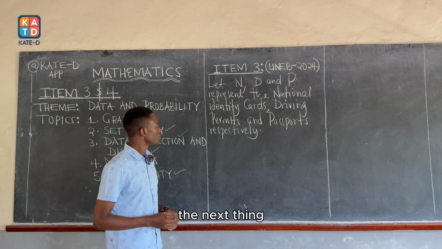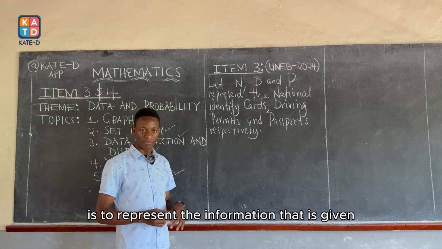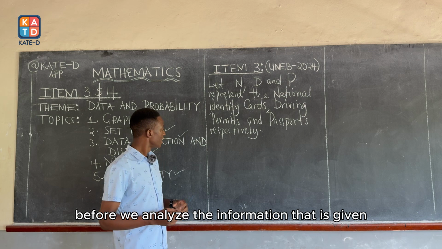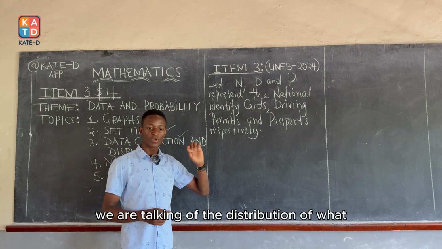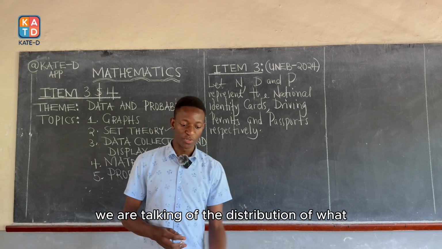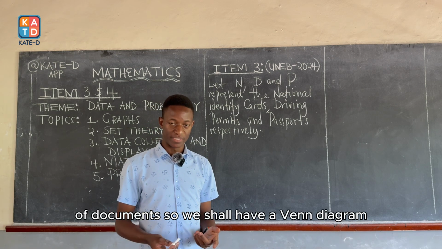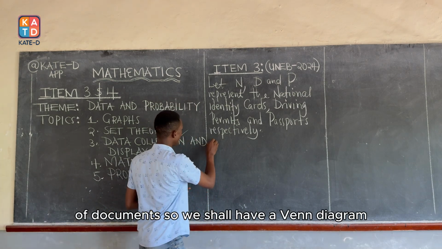The next thing is to represent the information that is given before we analyze. The information that is given, we are talking of the distribution of documents. So we shall have a Venn diagram.